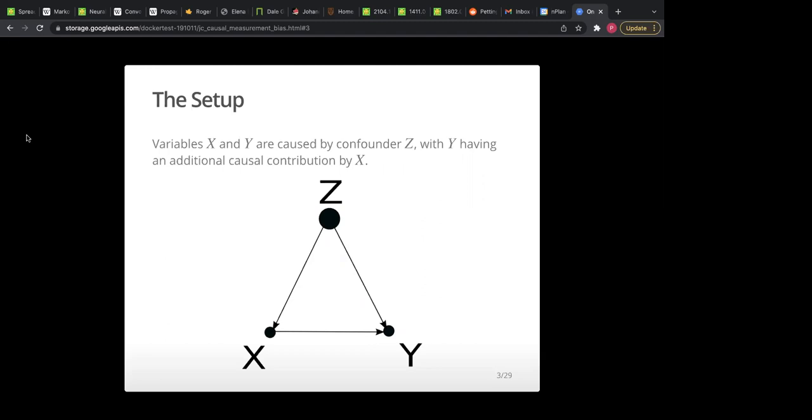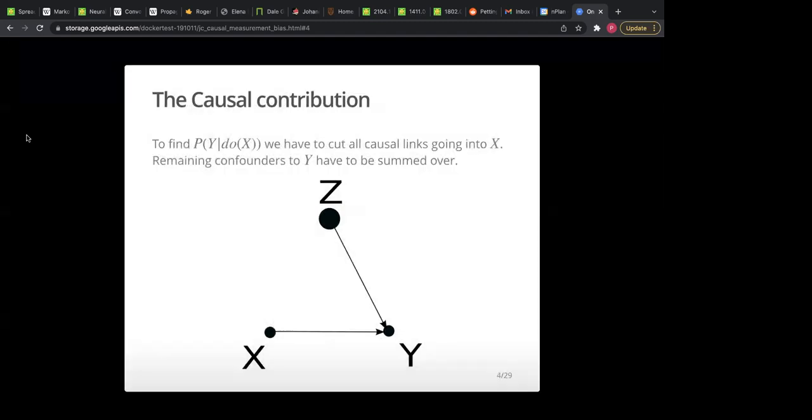Now, how would causal analysis try to solve this? There is a procedure to solve it. Essentially, if you want to know how x affects y, we would cut down all the arrows that go into x, because now we are the ones controlling x, so there's nothing else forcing x anymore.